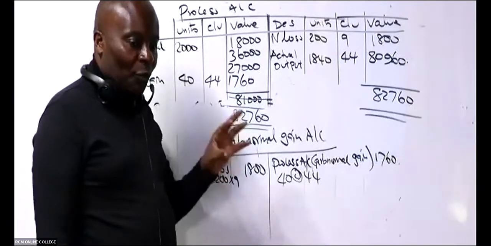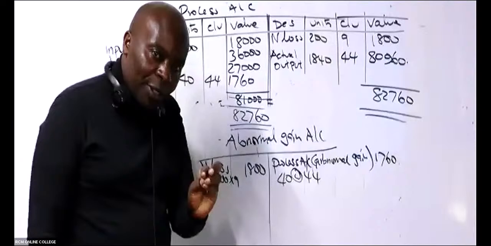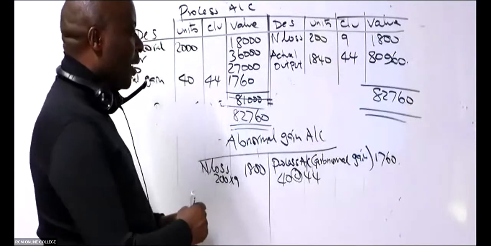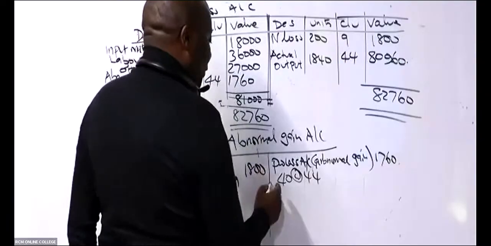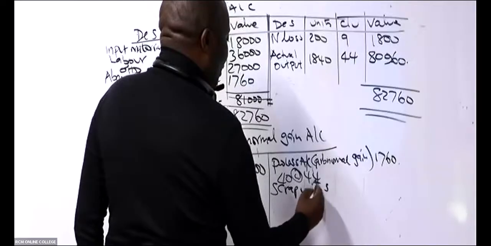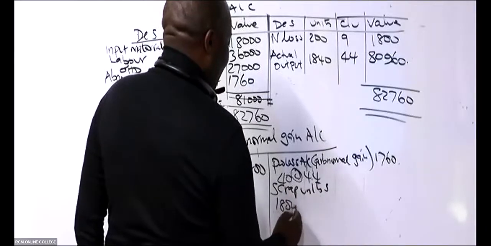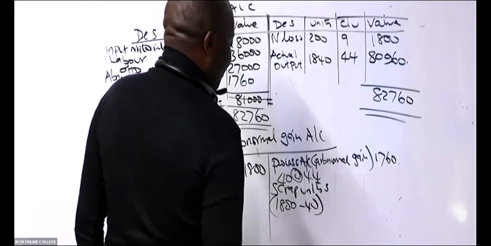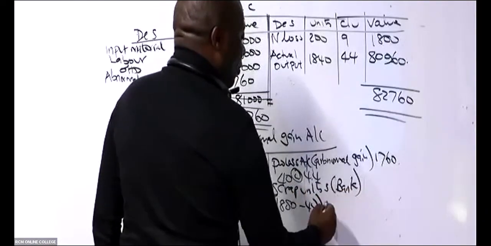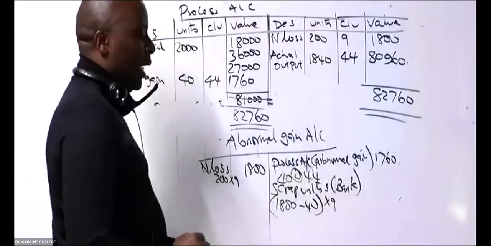So out of 200 expected loss units, there is an abnormal gain of 40. So basically, in this case, the scrap units will be 200 minus that 40. We shall sell them at 9 bob and receive the money in our bank account.